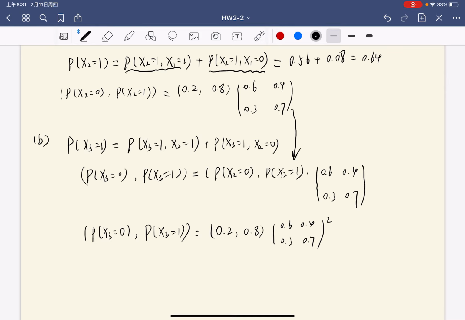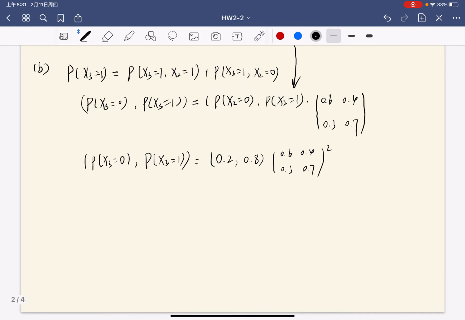We calculate this expression, and the result is 0.408 and 0.592. So the probability of P(x3 = 1) is 0.592. So this is question B.